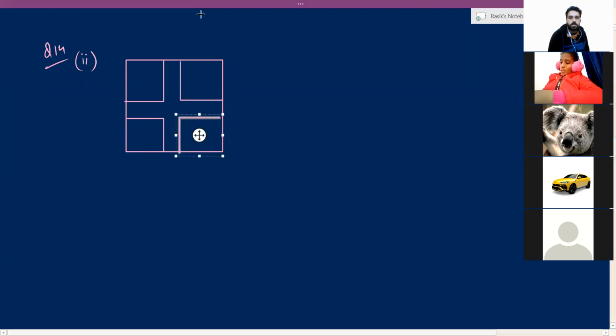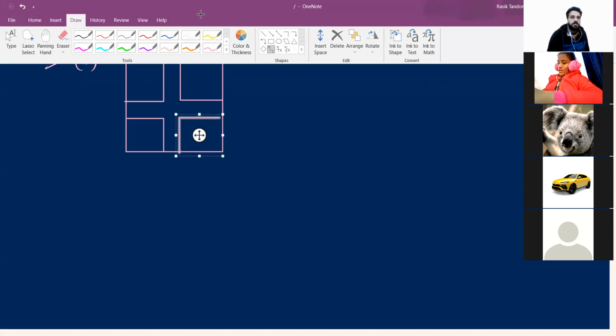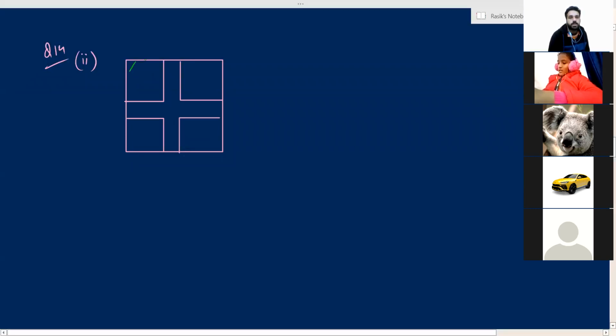It is something like this. Now here the shaded region is this.